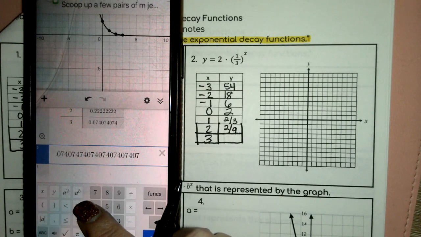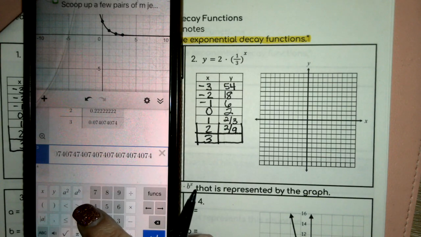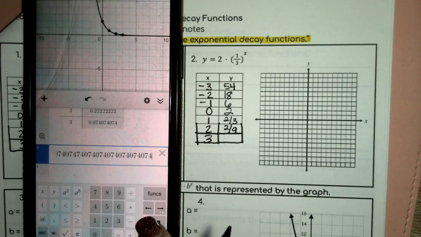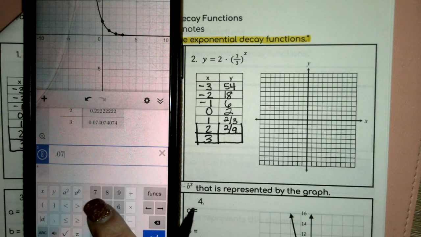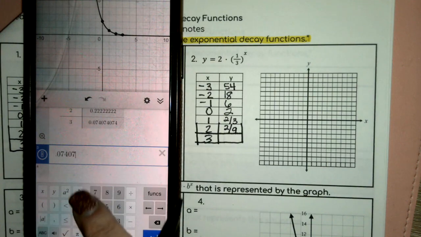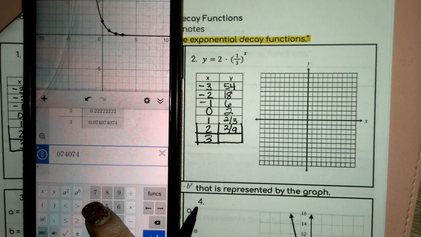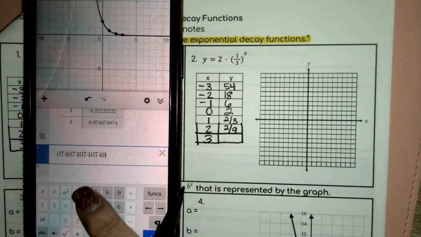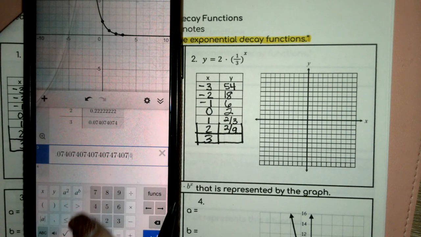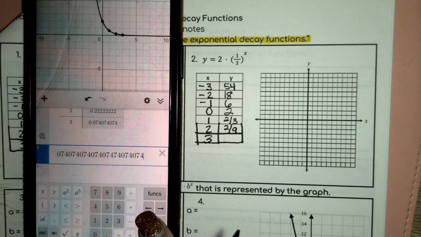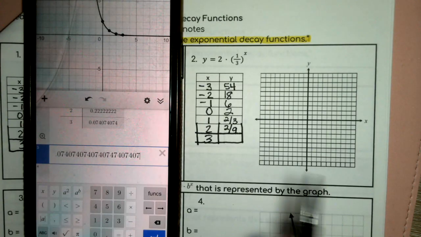0.074074074074. Is it going to come up? What did you guys get? 2 over 27?